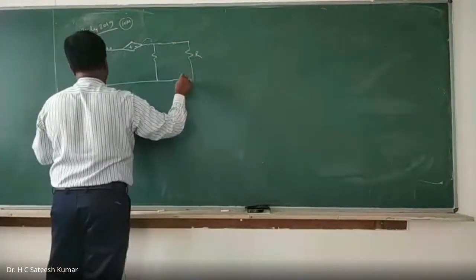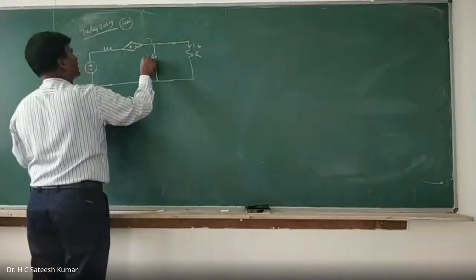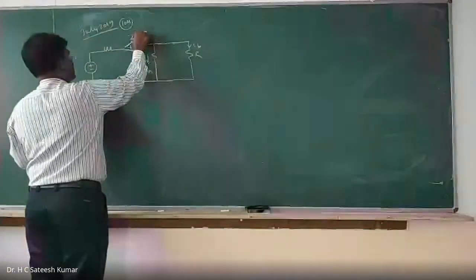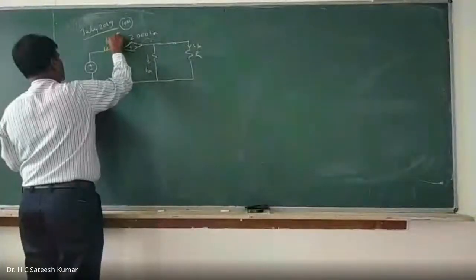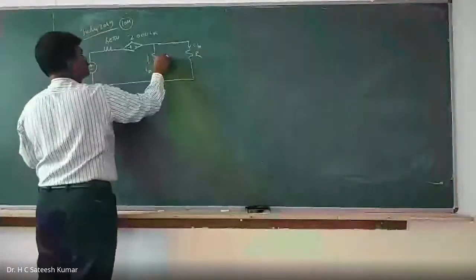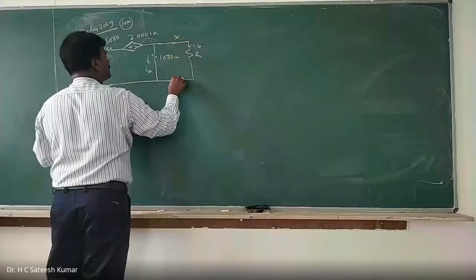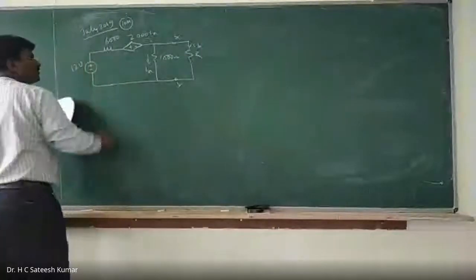This he called IB. This he called IA. This is 2000 IA. This is 6000. This is 1000 ohms. This is X. This is Y. And this is 12 volts. Okay, right.